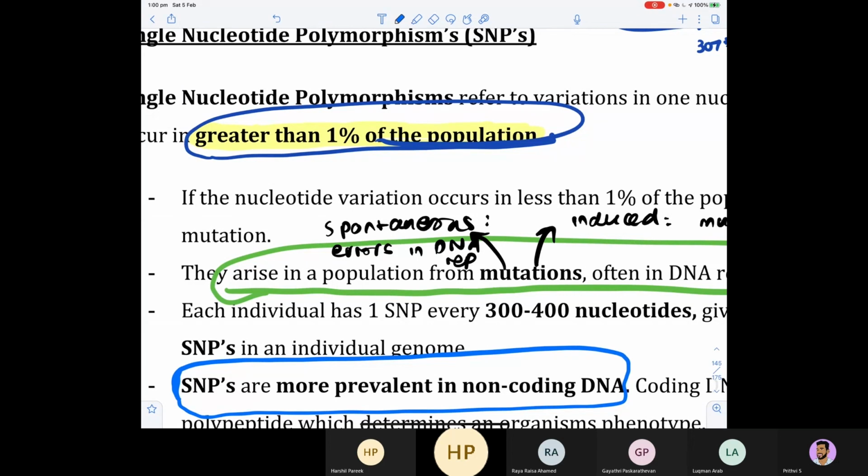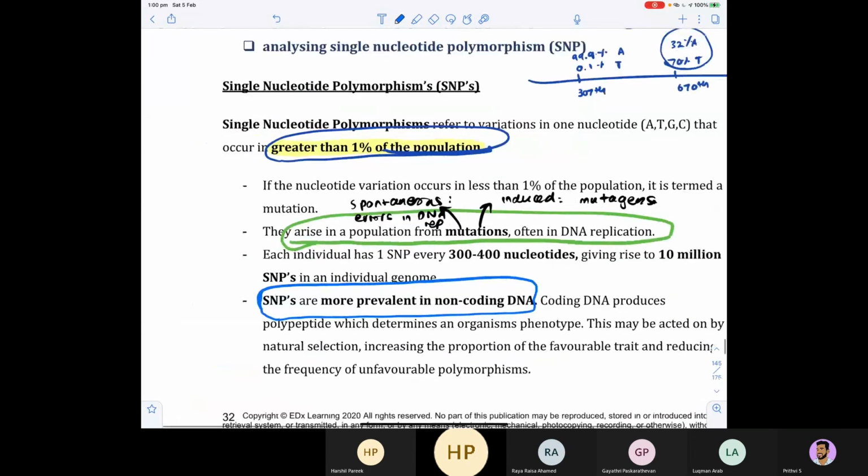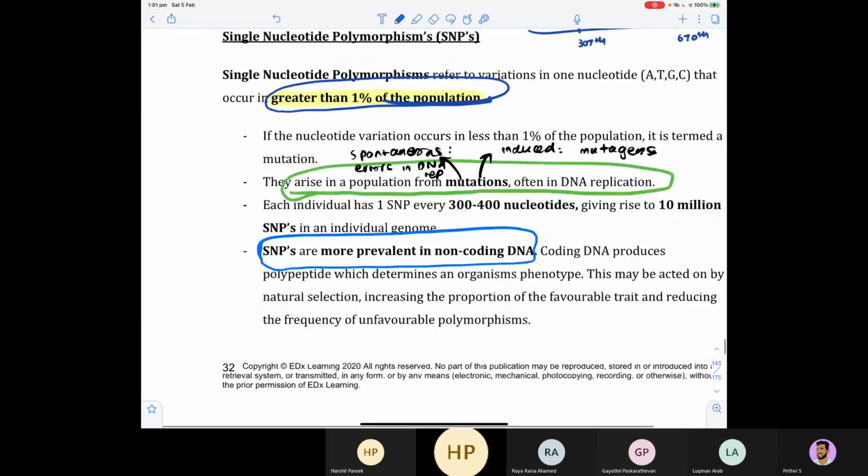Now, if it's more prevalent in coding DNA, what would that mean, everyone? So let's say we've got a SNP in coding DNA. What does that mean? What does coding DNA mean to all of us? Good, right?